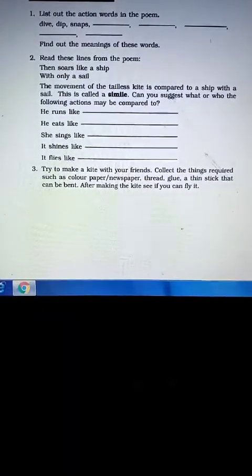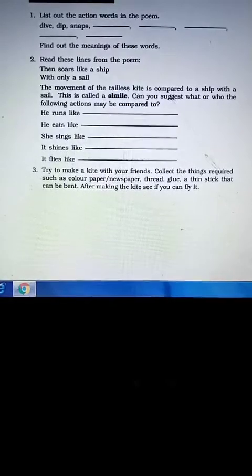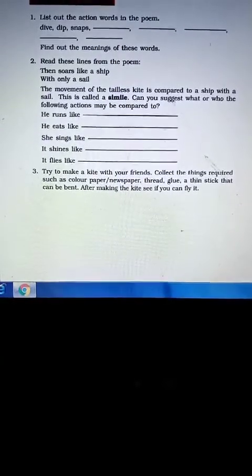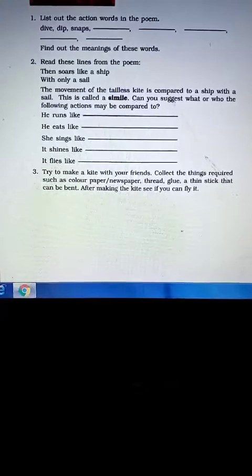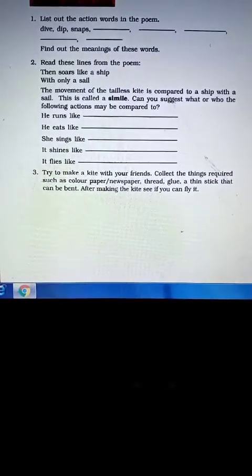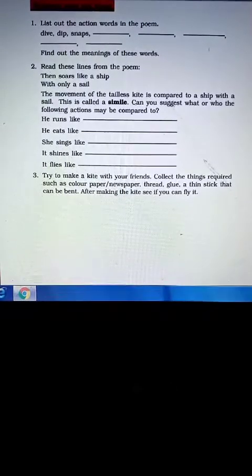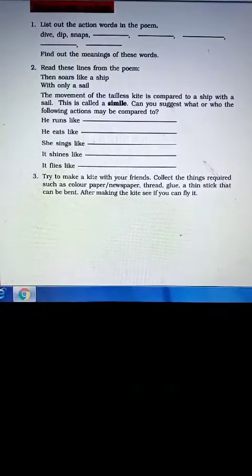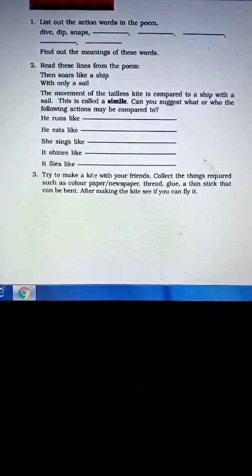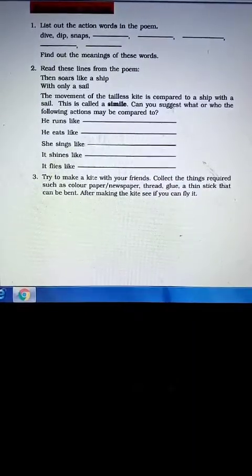Soars like a ship, which means that now there is a comparison between the flying kite and a ship which sails in the sea with the word like. The word like is used while comparing, which shows that it is nothing but simile. We know very well that when the word like and as is used to compare two things, such a comparison in English is known as simile.